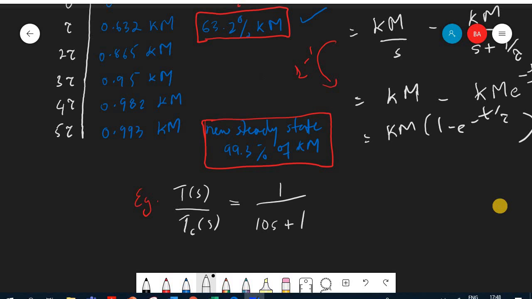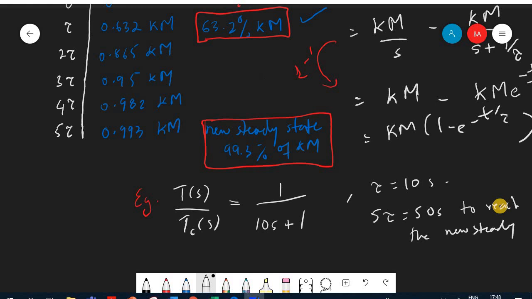So what information can I get from here? If I know that the time constant is equal to 10 seconds, I definitely know that if I have a step input in TC, it will take 50 seconds for my system to reach what? To reach the new steady state value.